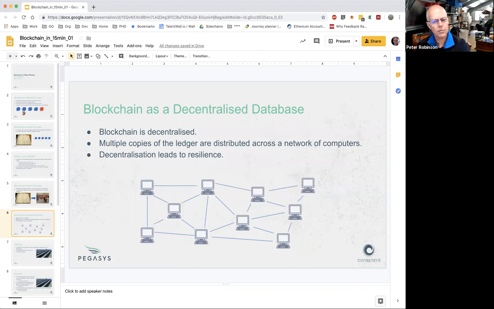And so say if one of those computers, say the network connection stops, or the computer itself stops or is corrupted, or a malicious attacker takes it over, then the rest of the nodes on the network will be able to use algorithms to determine that that version of the database is wrong, and they'll come to a consensus, come to an agreement on what the true version is.